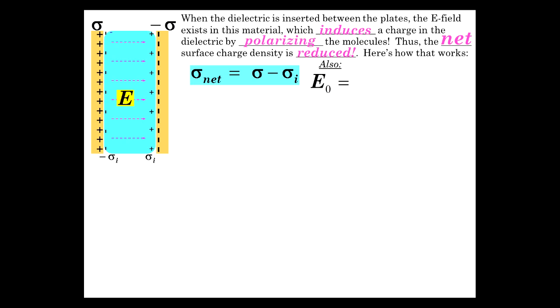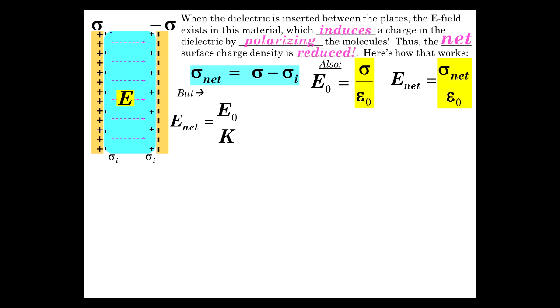We also know that the electric field from two parallel plates, E0, is sigma, the surface charge density, over epsilon 0. The net electric field is the net surface charge density over epsilon 0. And the net electric field is what I'm talking about over here, just E in the dielectric.